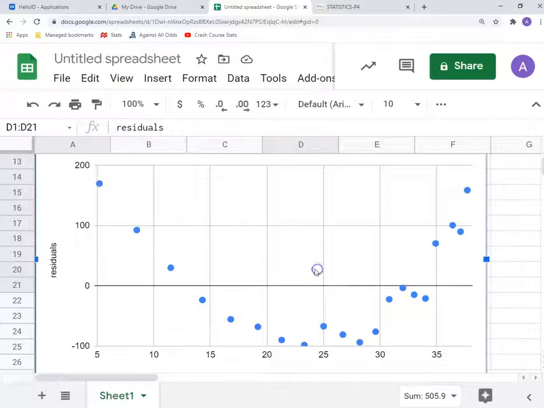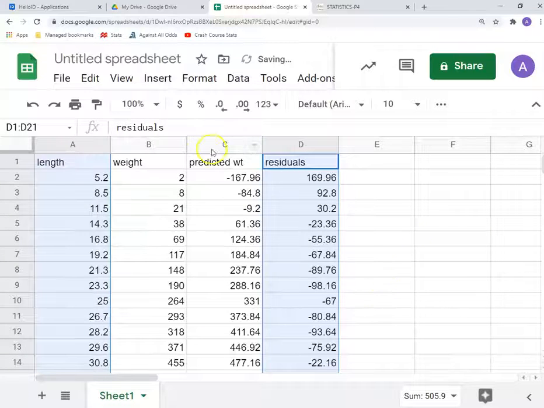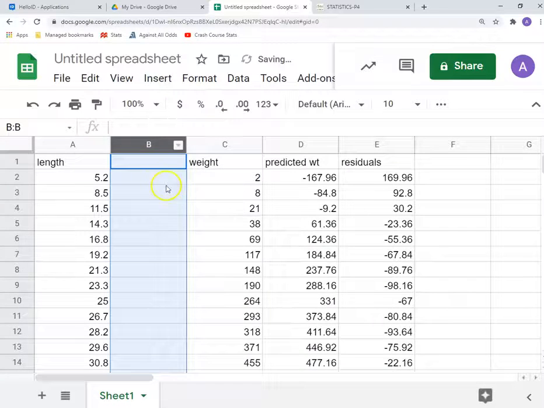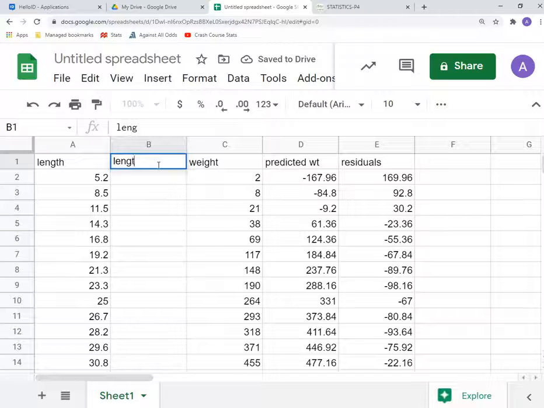So I am going to get rid of our residual plot. Then I highlighted this column and I'm going to insert a column to the left. And I'm going to call that length cubed.